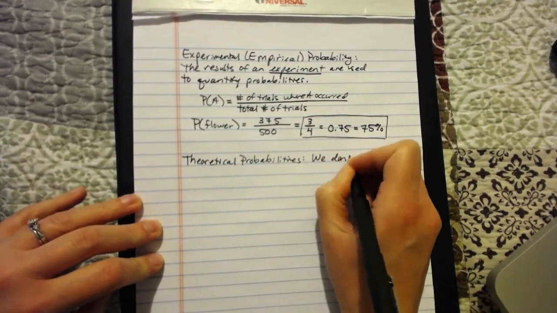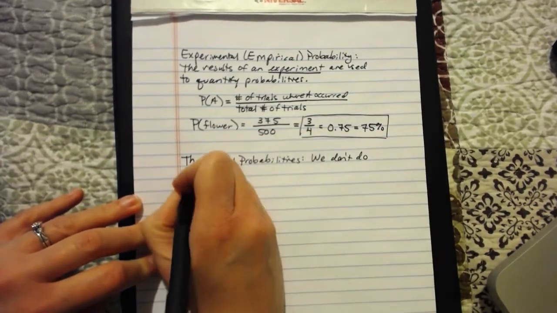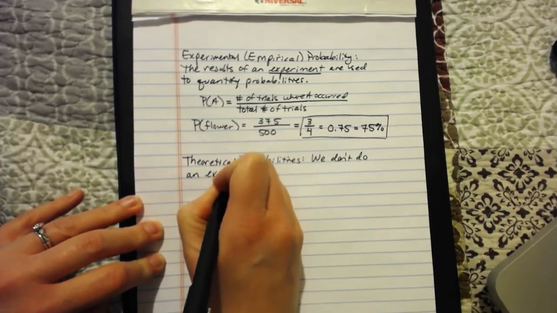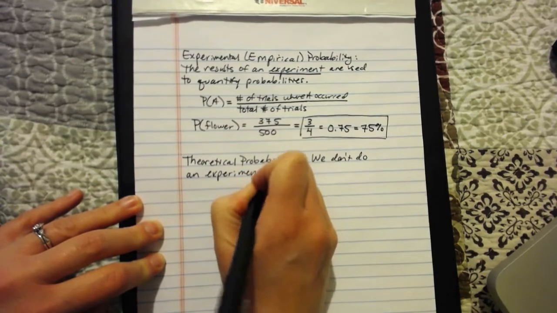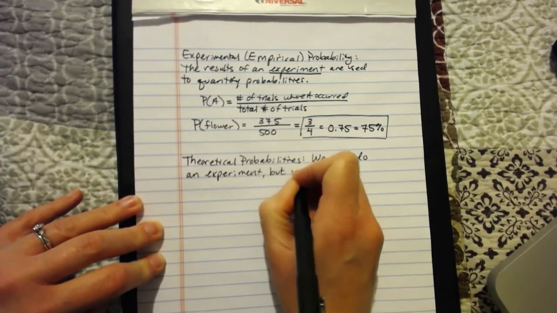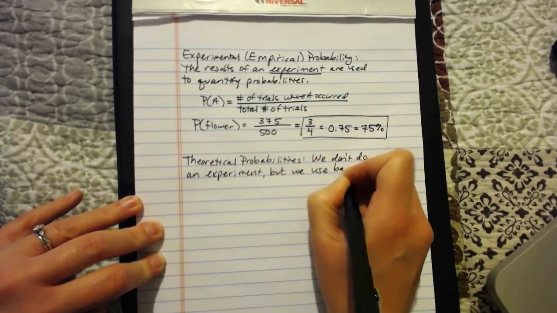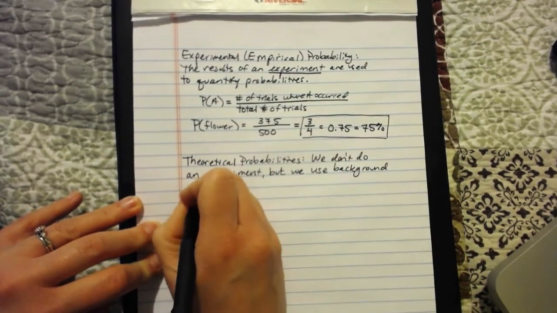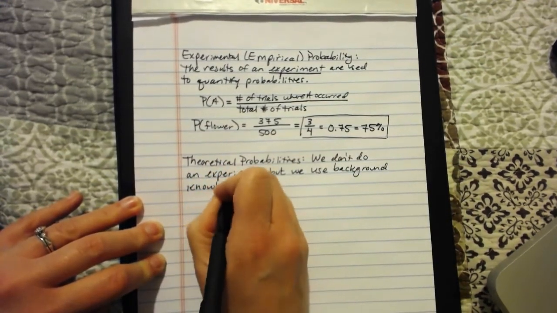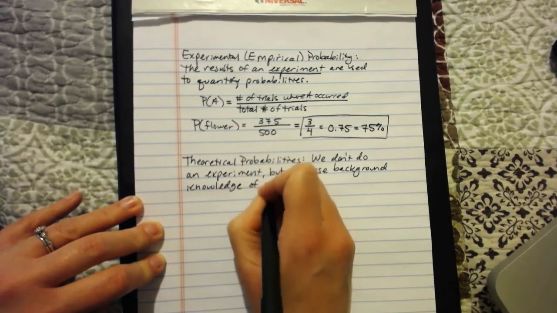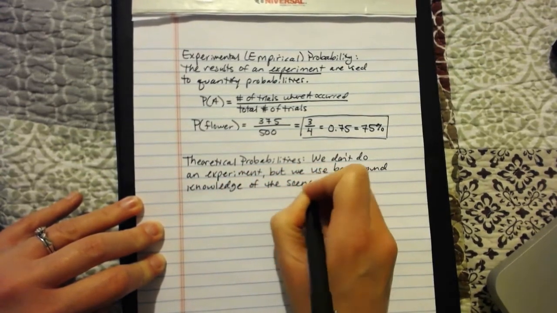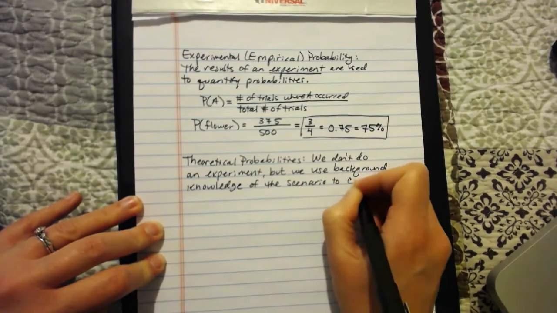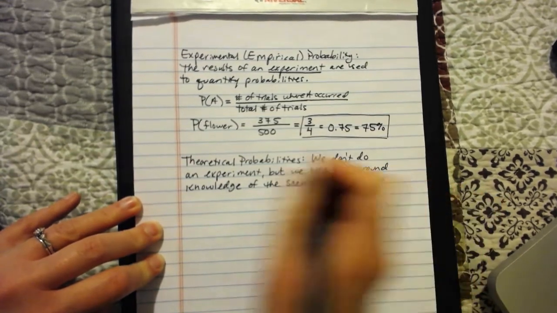So we don't do an experiment, but we use background knowledge of the scenario to compute a probability.